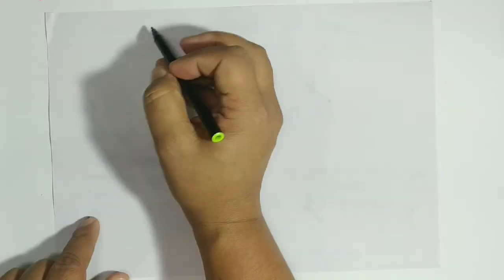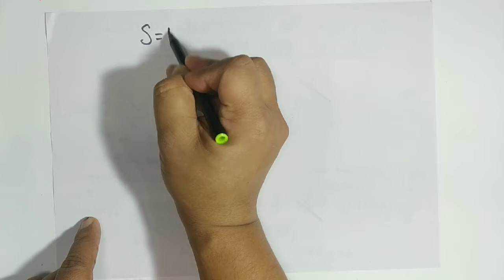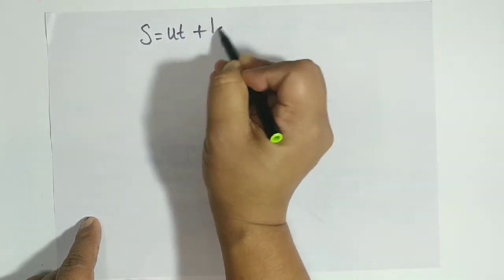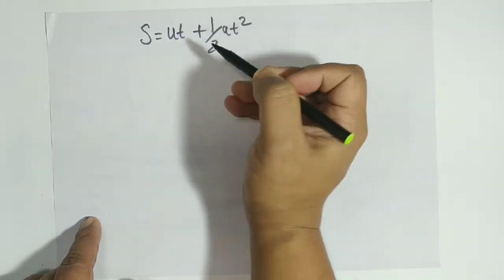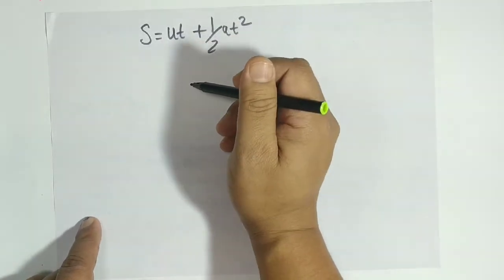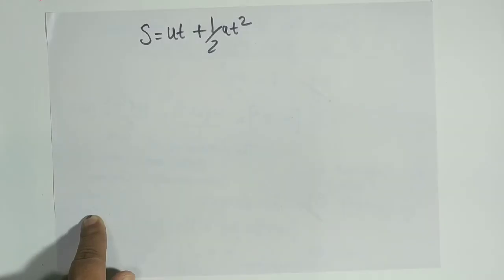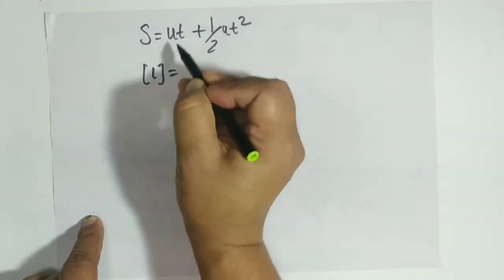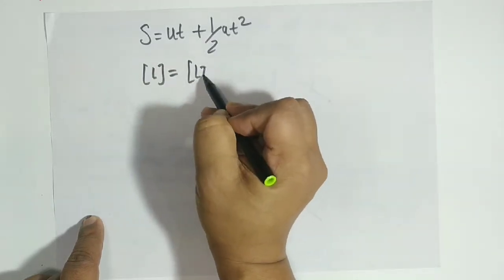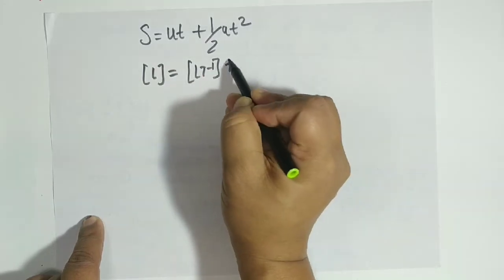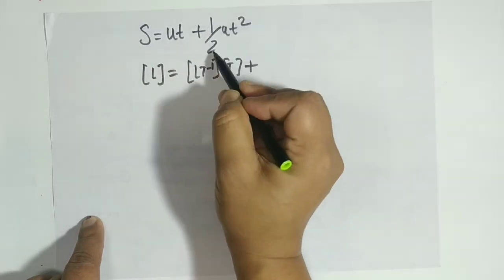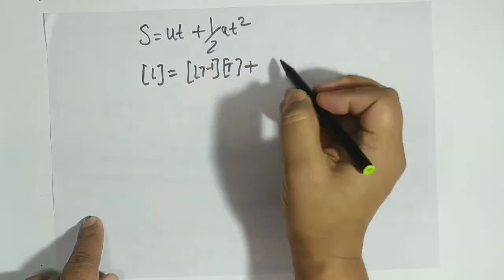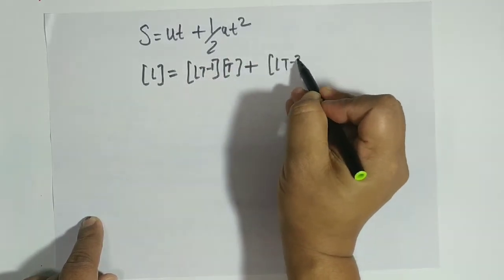How? Say S equal to ut plus half at square. Most of you know this equation. If I ask you what is S, all of you know that it is L. U is initial velocity, LT minus 1, t is time. Got it? Half has no dimension, it is a number. Then acceleration is LT minus 2.